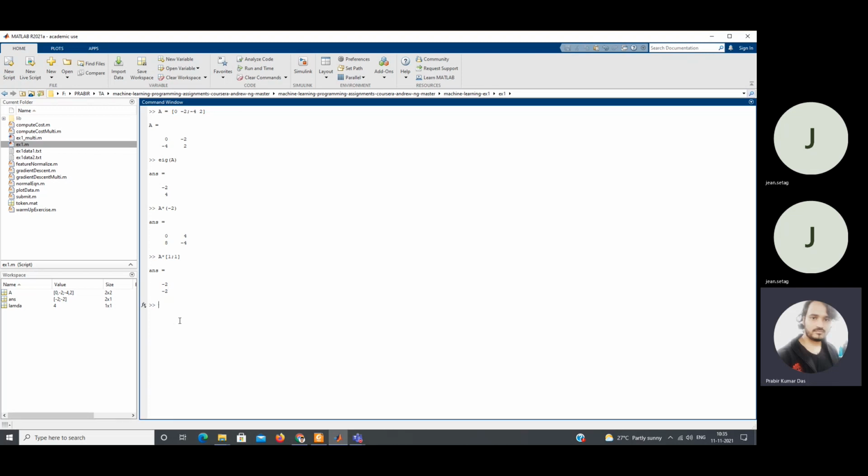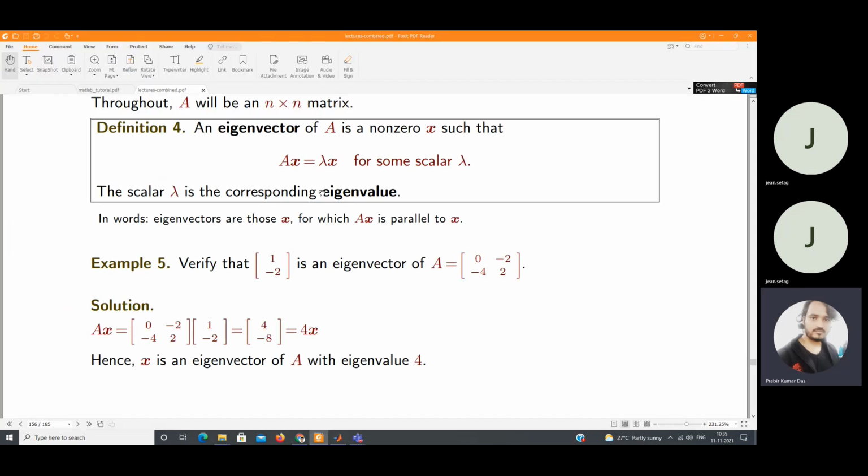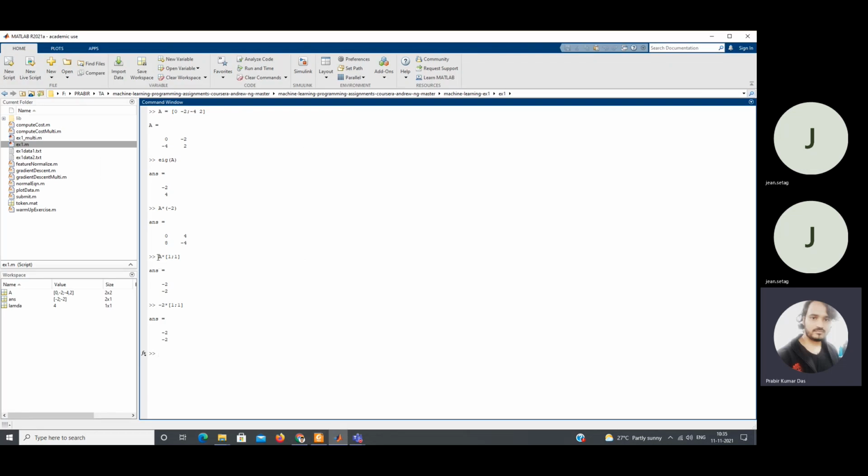So this also gives me the same thing. Now you just compare this with this equation, A into x. What is the x vector here?